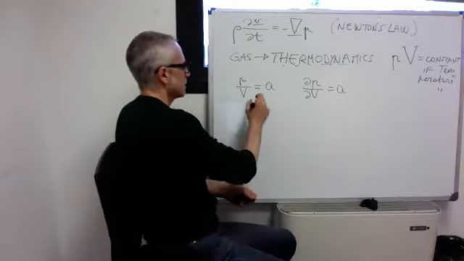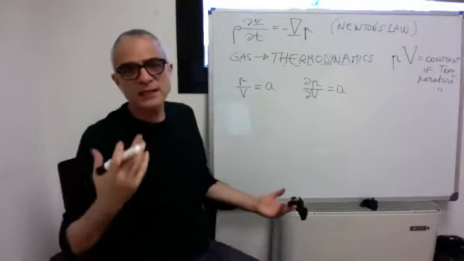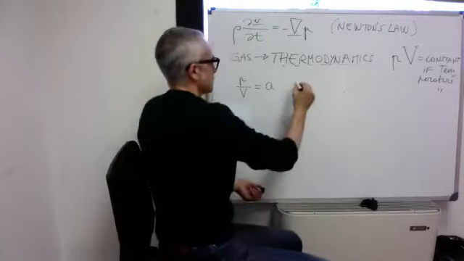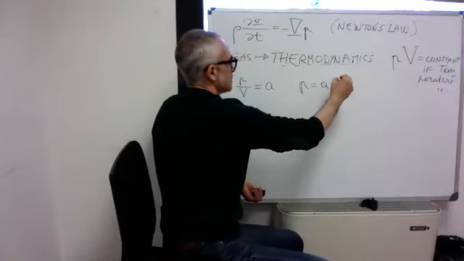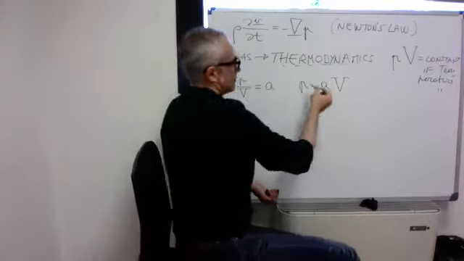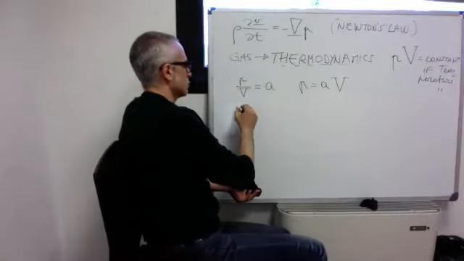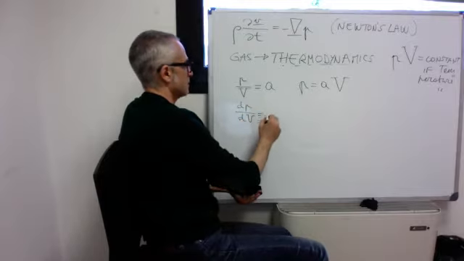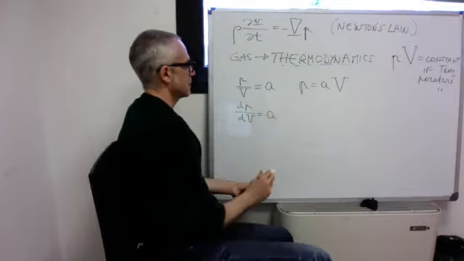You agree, right? Because obviously that means that P equals A times V, and so the derivative of P with respect to V is simply this constant A.